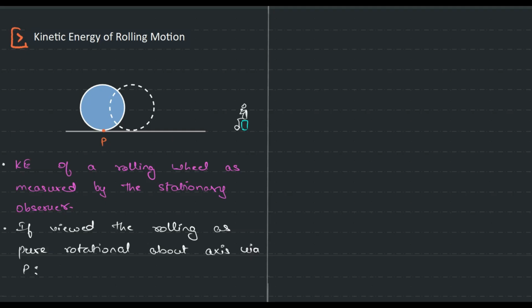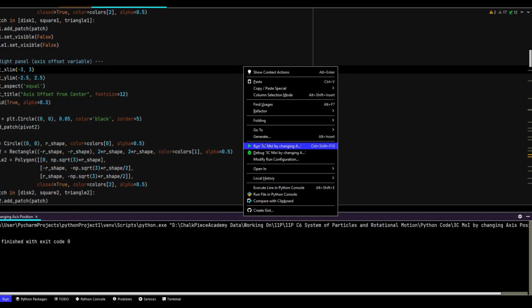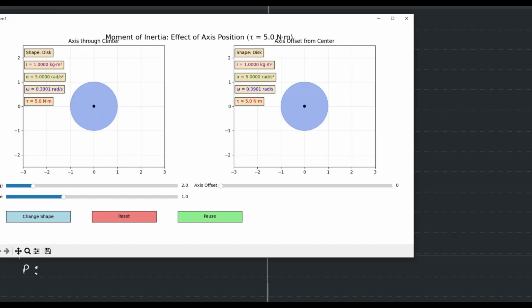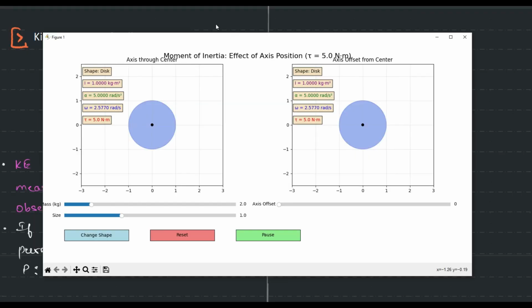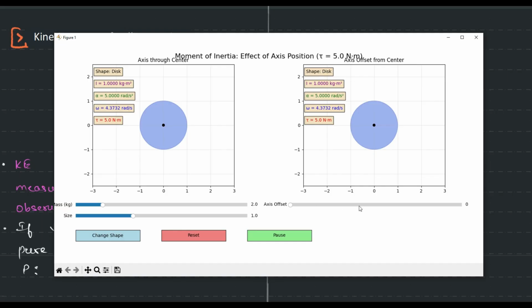So let me put it across to you in this manner. We have things rotating, right? But if I shift the axis of rotation, so something like this, we are looking at a wheel in this manner. Technically it doesn't look like that, but technically it can be viewed in this way.